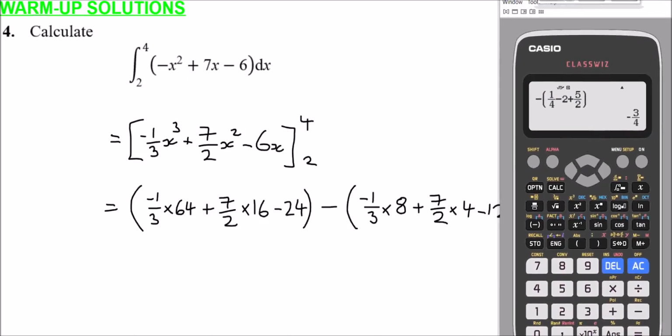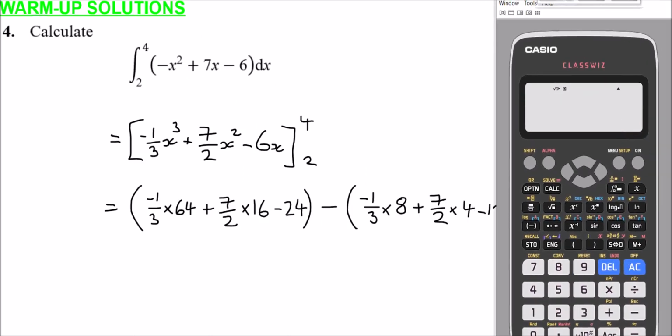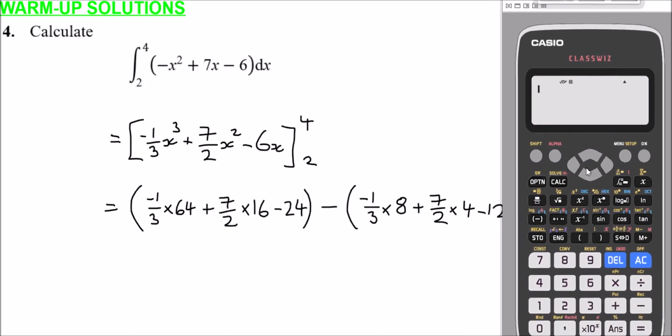So here, we're going to put the brackets in. So minus 1/3 times 64 plus 7 over 2 times 16, then minus 24.